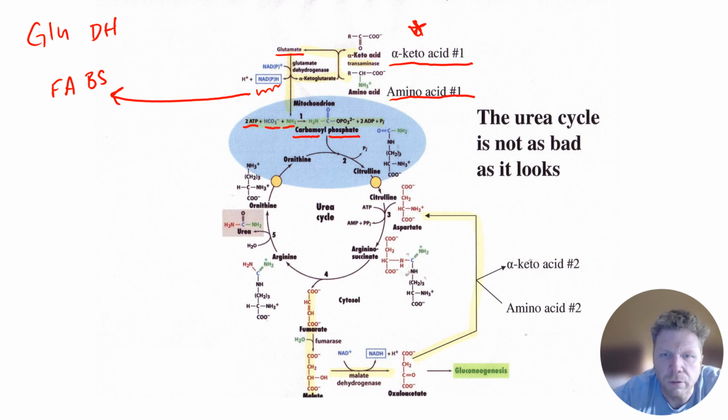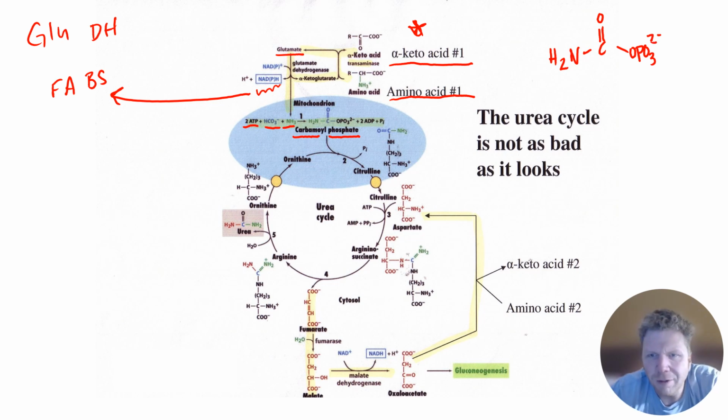And what we're going to do with that is make this molecule right here, H2N-CO-PO3 2 minus. If you look at this, it kind of looks like half of urea, but then we've got a phosphate. It's carbamoyl phosphate is what this molecule is called. We're going to generate two ADP and a single inorganic phosphate. But we had two ATP. Where's our other phosphate? It's right there on our carbamoyl phosphate.